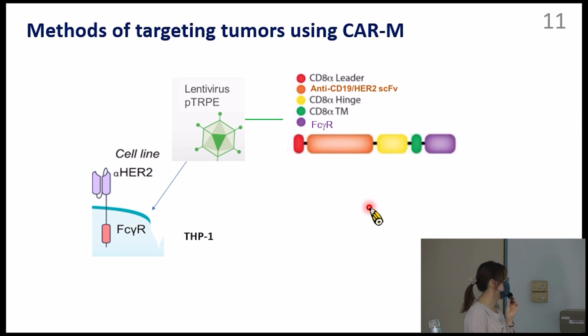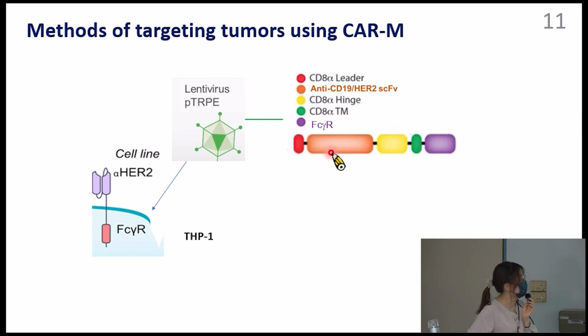Okay, so what did they do for the CAR macrophage? This structure is based on the CAR T, so you can see it's very similar to the CAR T structure, and they only replace some parts.